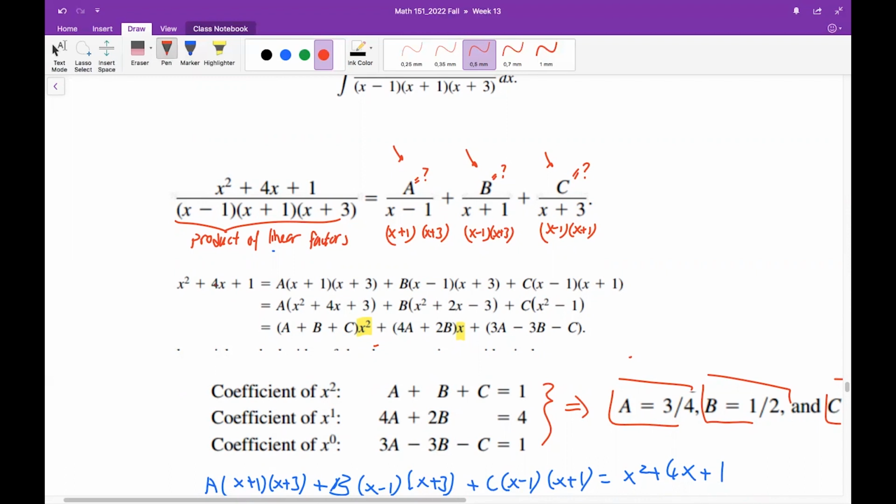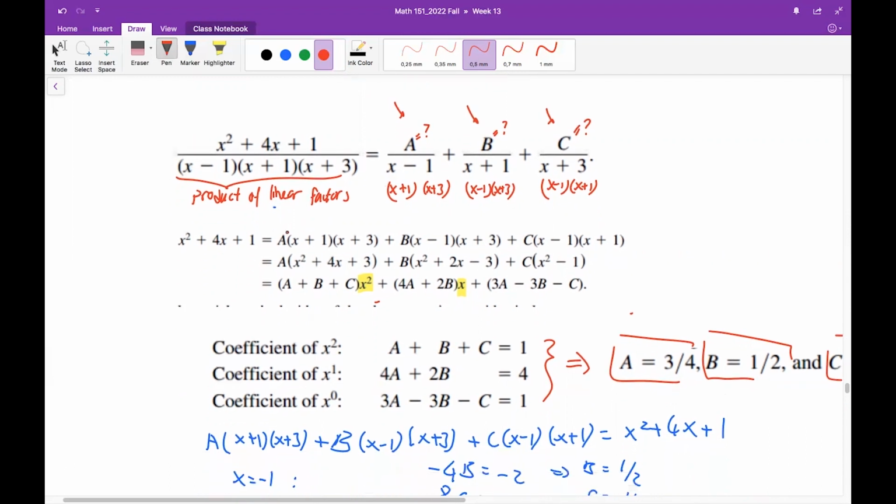And then you do all the multiplications and arrange your terms according to x squared, x, and the constant terms. This is the nicer version of the right-hand side. And after this step, you need to compare the coefficients of the same degree terms. What do I mean?